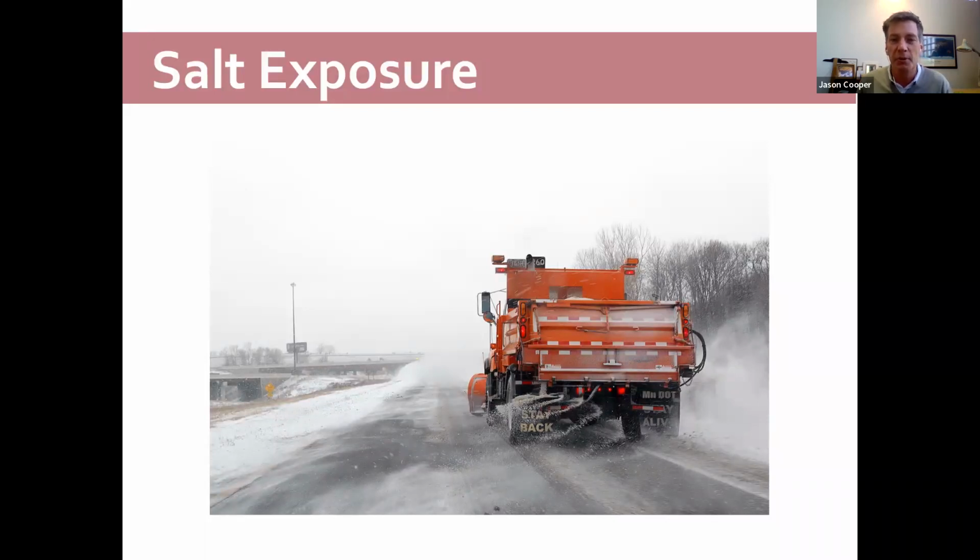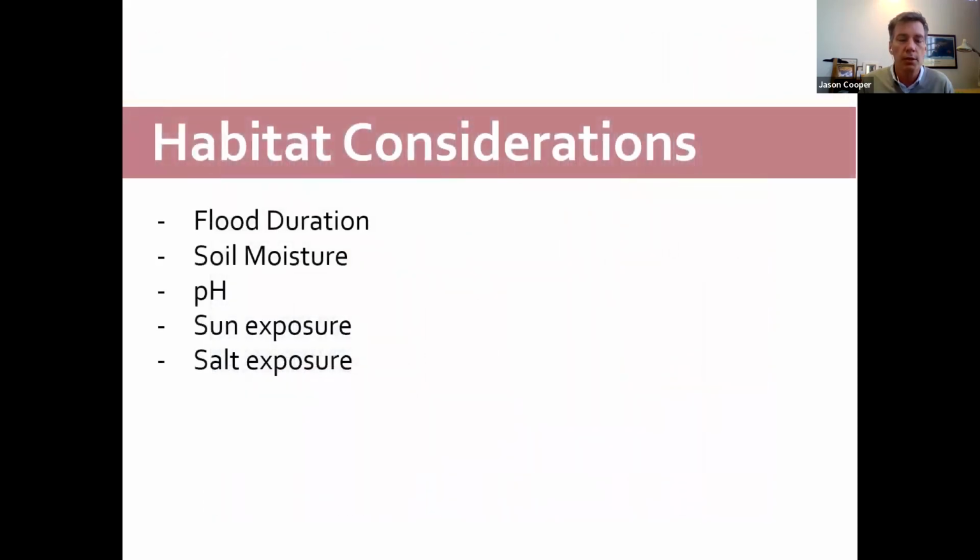You know, cattails, one of the reasons we see them in a lot of roadside ditches is their tolerance for salt. There are some native plants like prairie dropseed that have some tolerance for salt exposure. But we are lacking enough data on all of the plants we have available to us for their tolerance to salt.